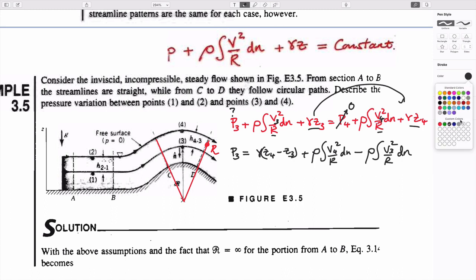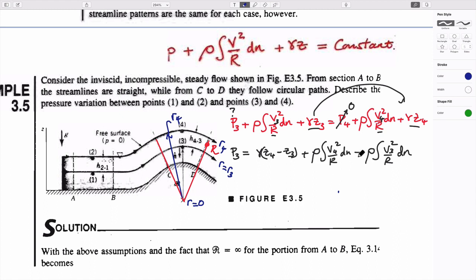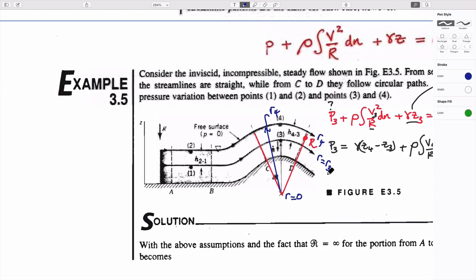And so if you think about what this term is, it's really an integration between R equals 0 and R equals, for want of a better term, R3 and R4. These radii. So this radius from here to here would be R4, for instance.